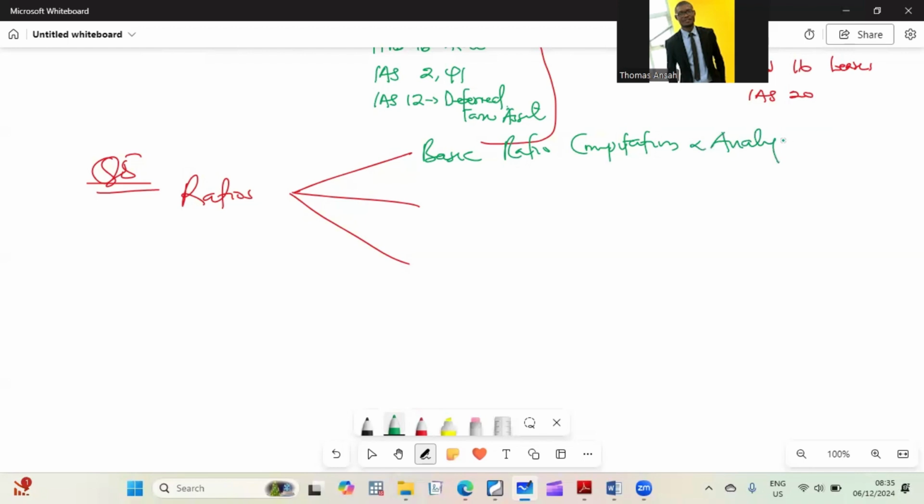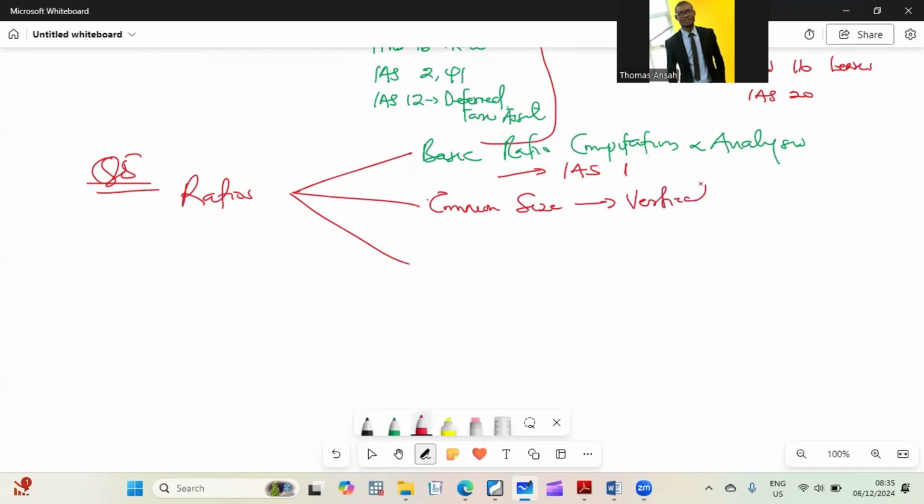And here, they've started introducing standards, but the most important standard you need for ratios is IAS 1. You need that because you need to know how financial statements are arranged. Of course, then you have the common size ratios, which is a vertical ratio analysis, very vertical.